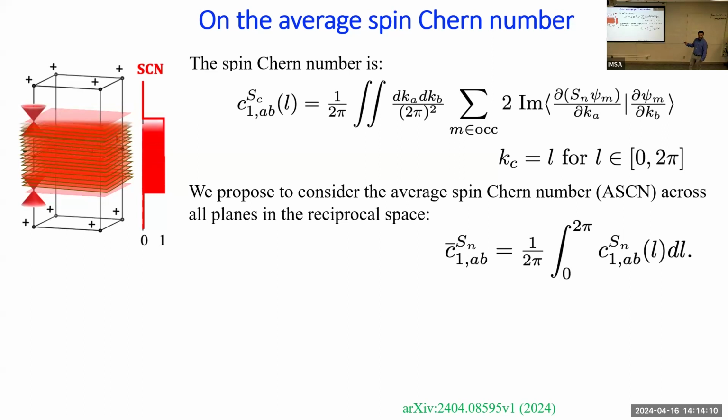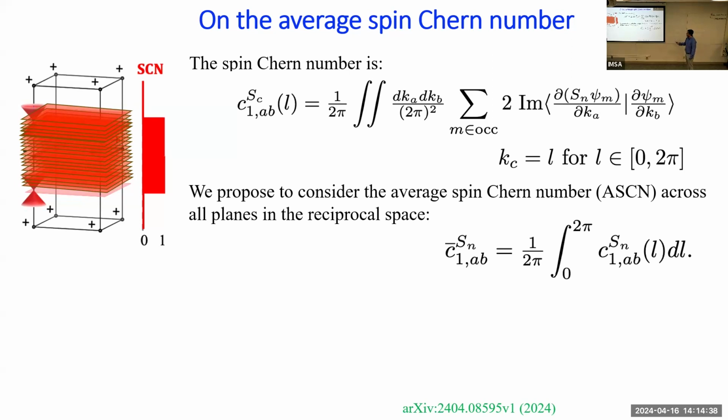Our average spin Chern number should be, in 3D, the contribution of each k_z layer to the total signal of the spin Hall conductivity. Here should be our average spin Chern number, that sums up in some way the contributions of these k_z planes. Integrate to 2π, because it's the length of the Brillouin zone, and divide by 2π again.